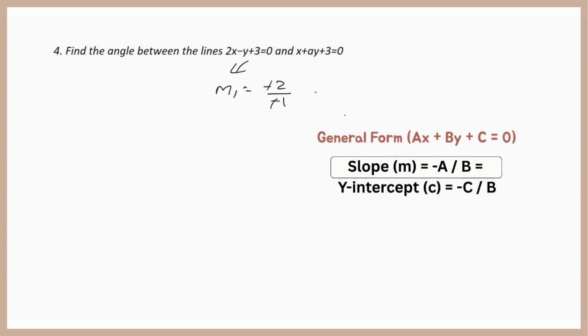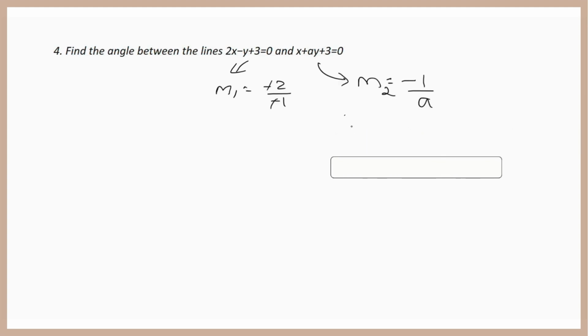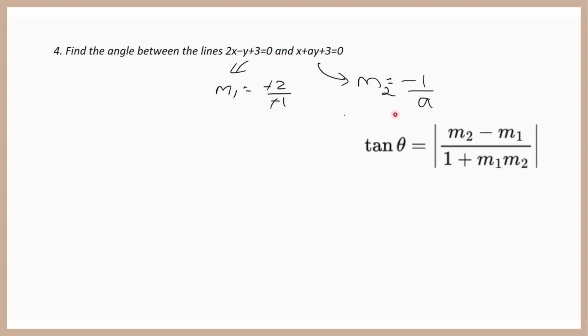So we got the slope of the first line as this, and the slope of the other line using the same formula is minus a, well, the coefficient of x is a, by b, and b is a only, right? This is minus a over b. So we got the slope of the other line. Now we can find the angle between them using tan theta equals m2 minus m1 over 1 plus m1 m2. Now to simplify the working, let me change it.